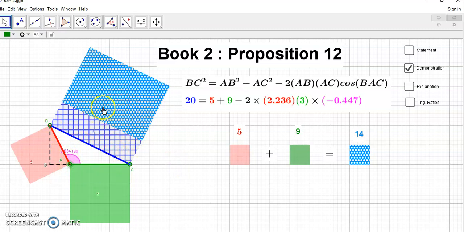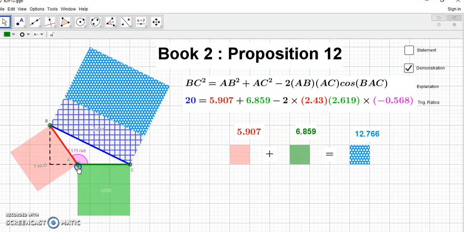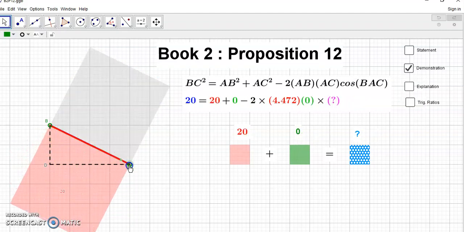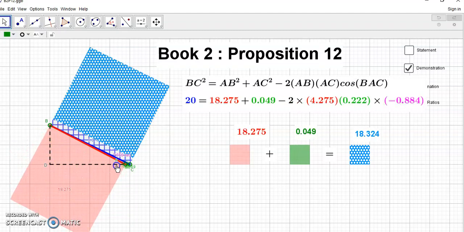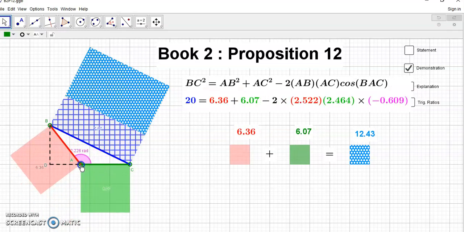The square on the hypotenuse remains 20, but as this side changes and A moves towards this point here, this area becomes bigger and the green area becomes smaller. Do you see that? Until finally you have that, which is not possible because it doesn't have an angle BAC.